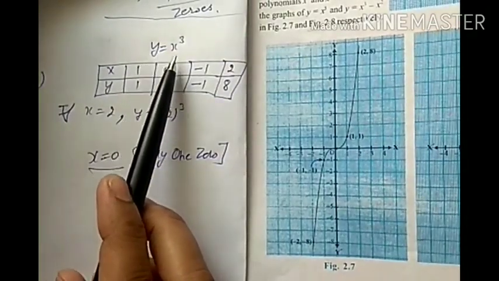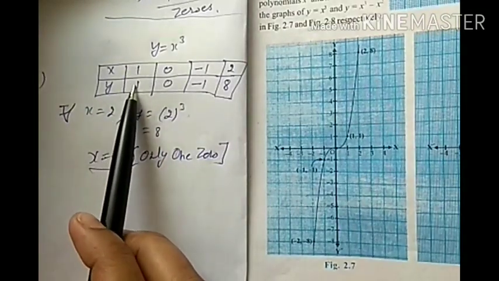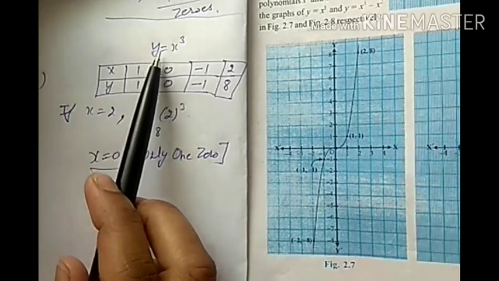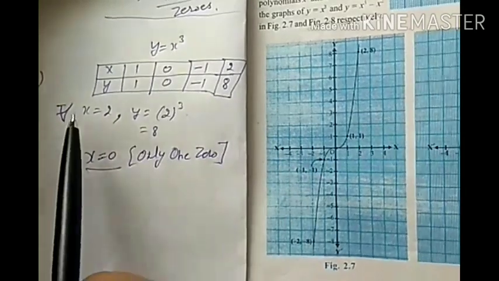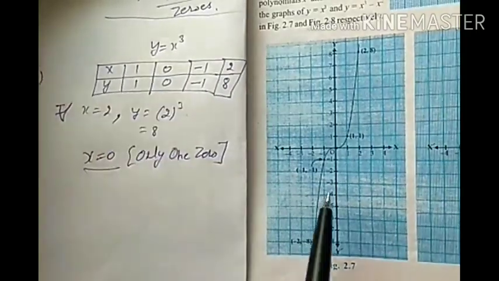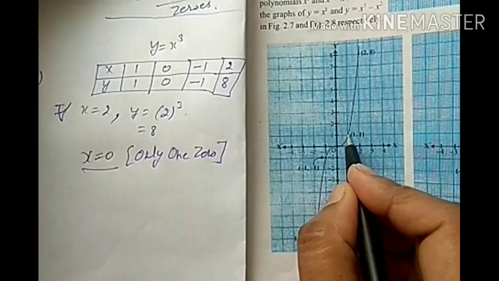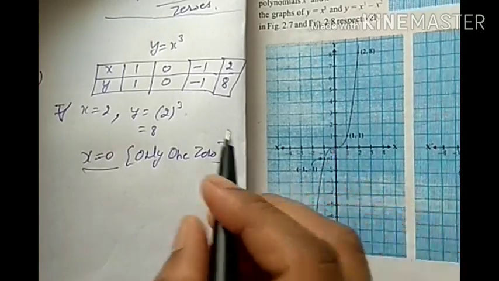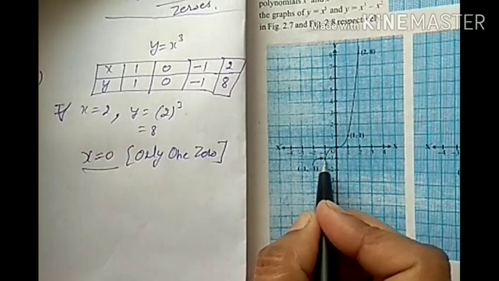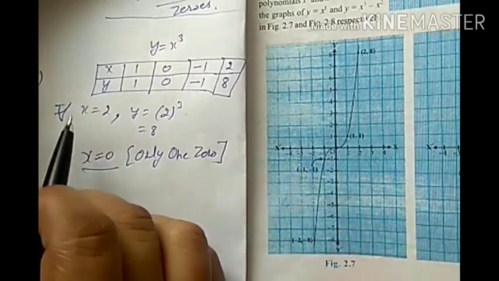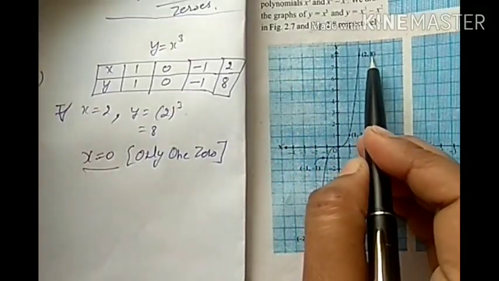Students, this is our cubic polynomial and these are our x coordinates and y coordinates to represent this polynomial on graph paper. So if x is equal to 1, then y is equal to 1, in the first quadrant, positive. If x is equal to 0, y is equal to 0. If x is equal to minus 1, y is equal to minus 1. And if x is equal to 2, y is equal to 8.